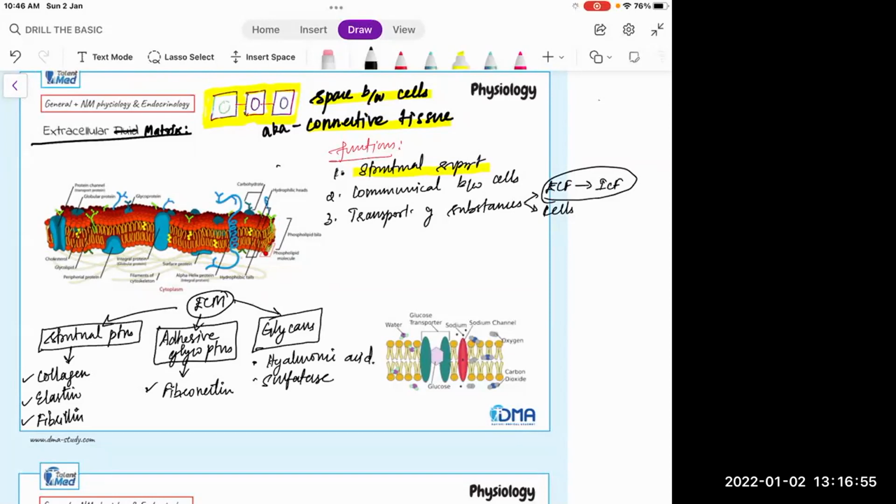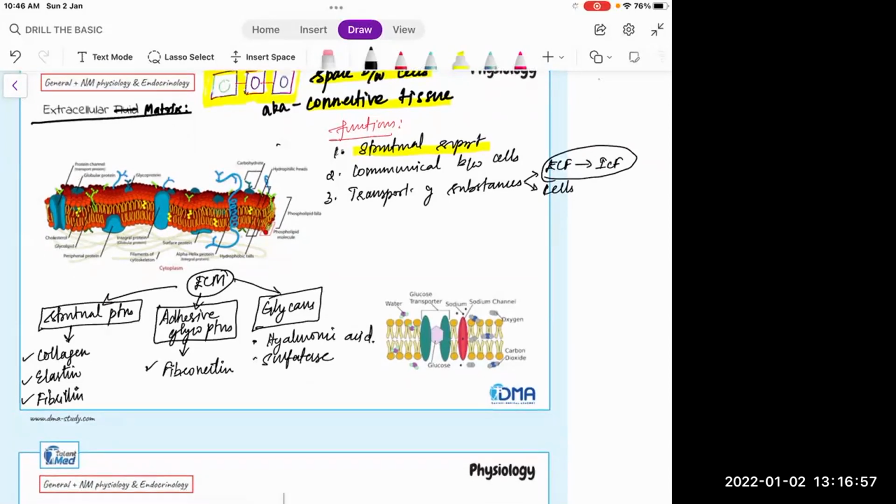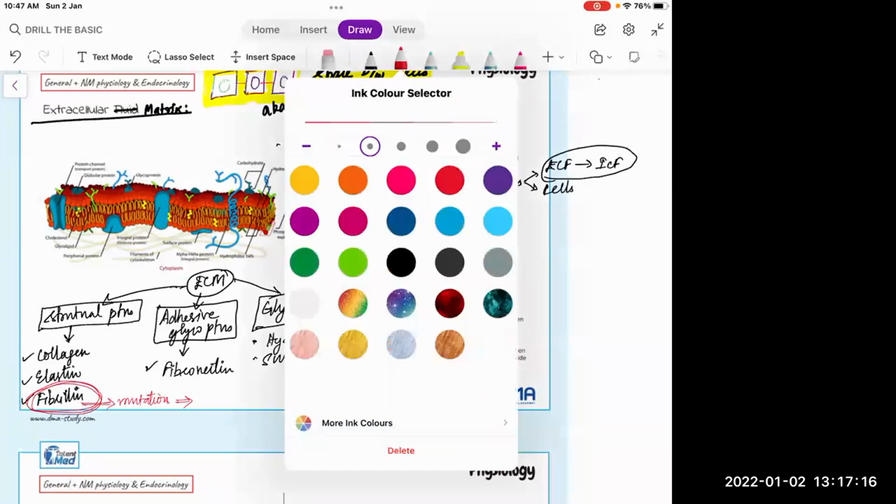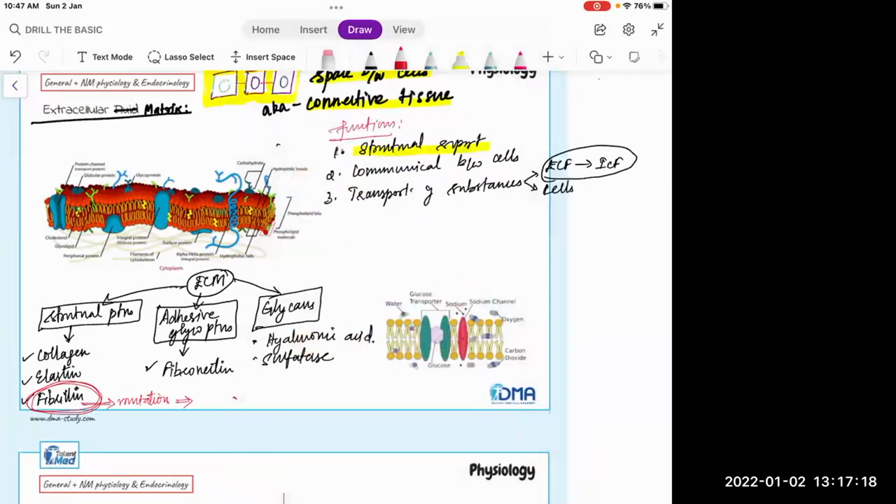Okay, so among all the contents of the extracellular matrix, fibrillin has clinical significance. When there is a mutation of this fibrillin protein, that results in a clinical syndrome you call Marfan syndrome.